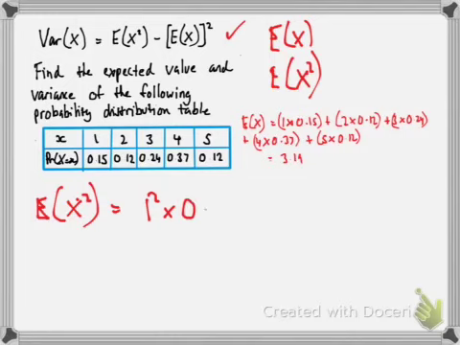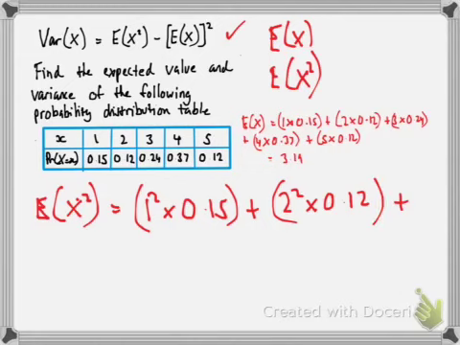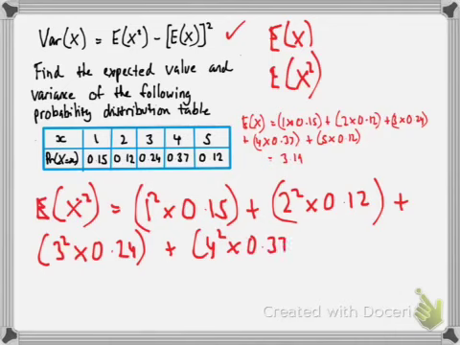So it's 1 squared times 0.15 plus 2 squared times 0.12 plus 3 squared times 0.24 plus 4 squared times 0.37 plus 5 squared times 0.12.